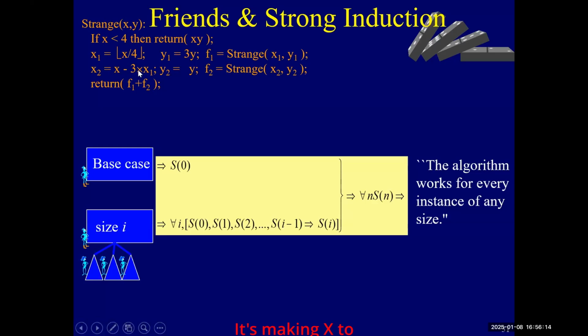It's making X to some weird thing. It's making Y the same as it was before, right? So that's weird. Oh, and then it recurses on these smaller guys, and then it adds those answers together. All right? Everybody agree that that's strange?